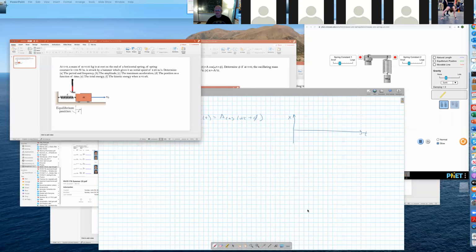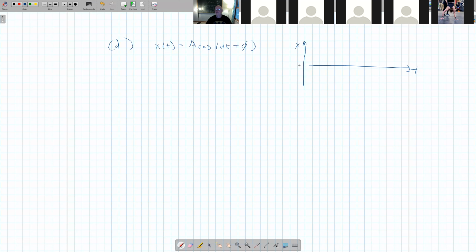If I plotted this, it would look like this. It goes out to the amplitude, down to minus the amplitude, back to the amplitude, and so on. So is this a cosine curve or a sine curve?